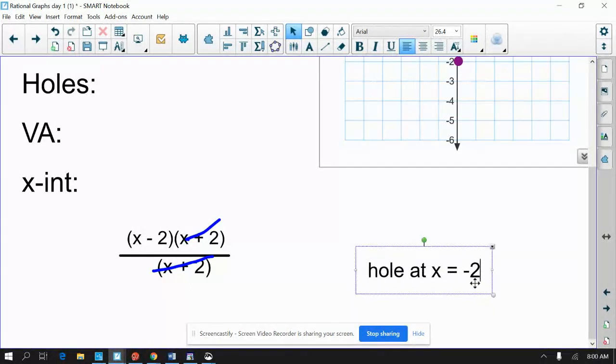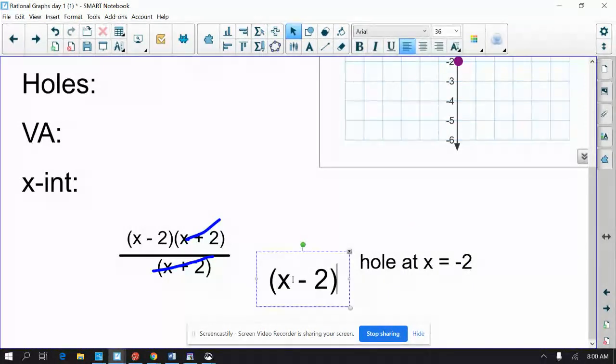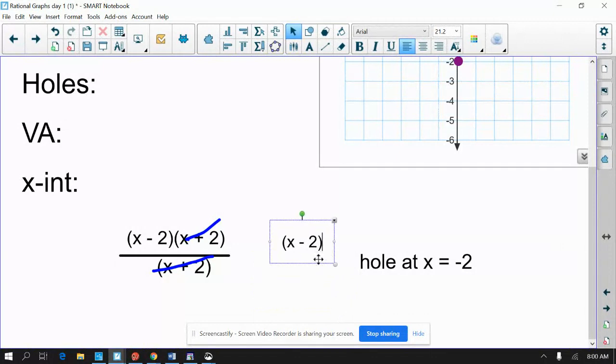And what's the y value? Well, what's left over after I cancel out that factor is x minus 2. That's the thing that's left over. So if I plug in -2 into there, I get -4.